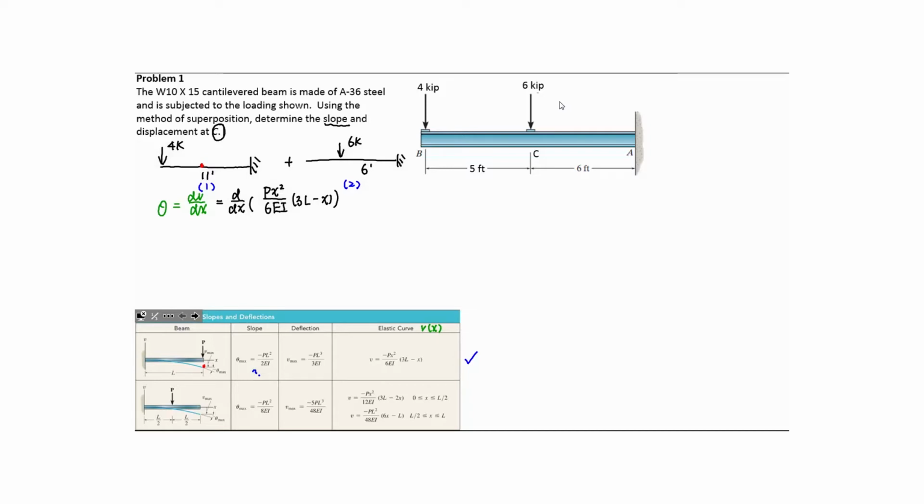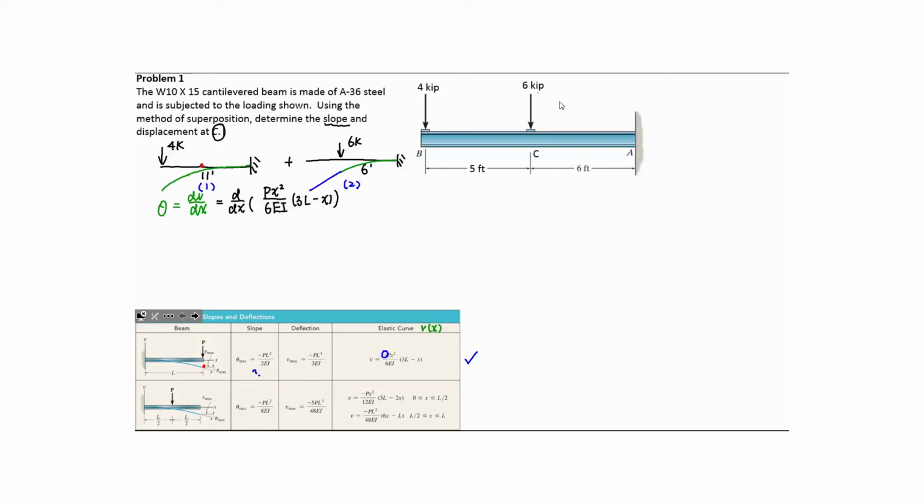You're probably going to wonder why I didn't include the negative sign in this equation when I take the first derivative. This is because, let me draw the deflection curve. Under the 4 kips, the beam is going to deform like this. And under the 6 kips, it will deform in a curve for the first 6 feet, and after that it will be a straight line because we don't have load.